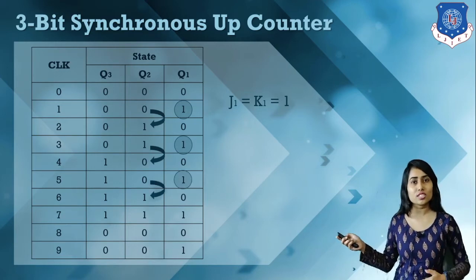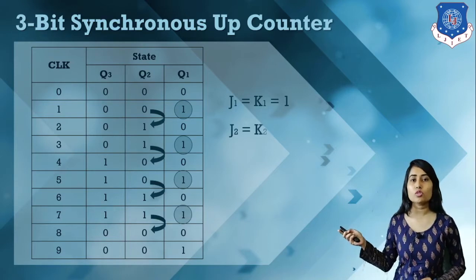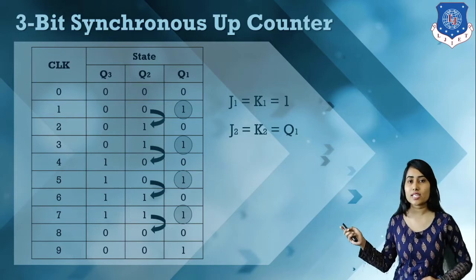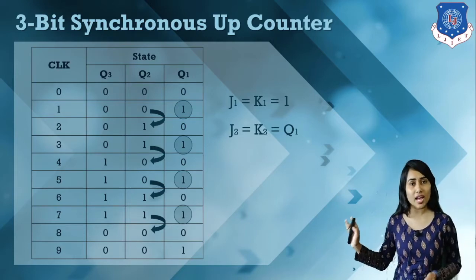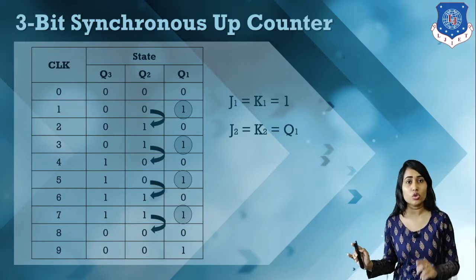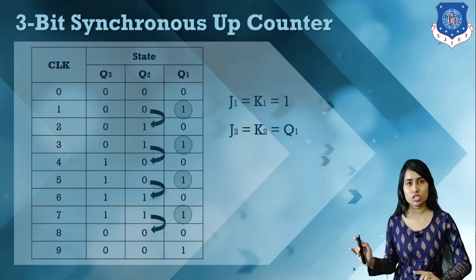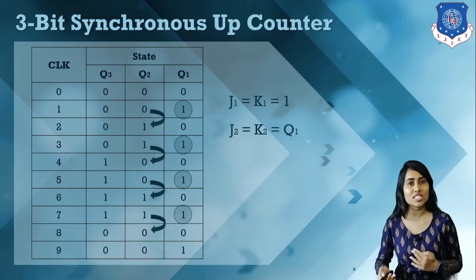So using this logic we can calculate the input of the second flip-flop, that is J2 K2 is equal to Q1. Why is J2 K2 equal to Q1? Because when Q1 is equal to 0, J2 K2 is equal to 0, 0, and whenever we have JK equal to 0, 0, we have a no change condition.